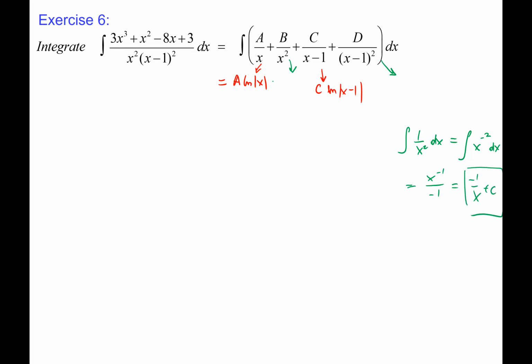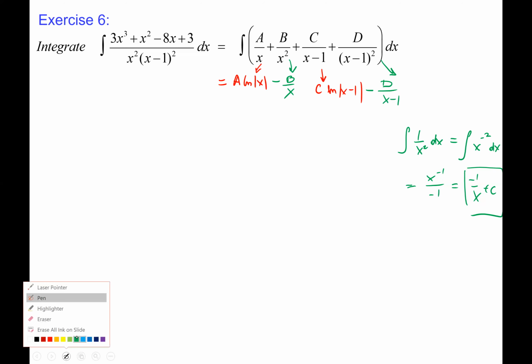Okay? That means this will be negative b over x. This will be negative d over x minus 1. That means that's the only difference, because we see the square. I mean, it's definitely the square. And plus, let me put k for the constant. Okay, that means this is, and that's b.